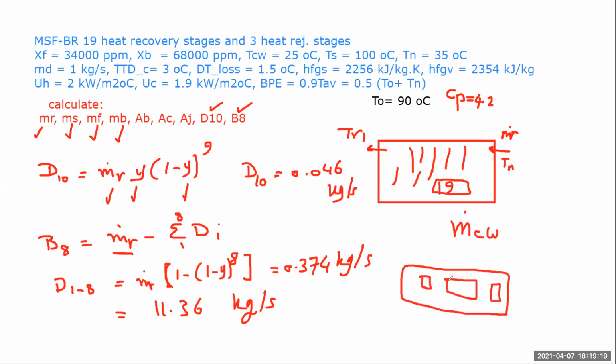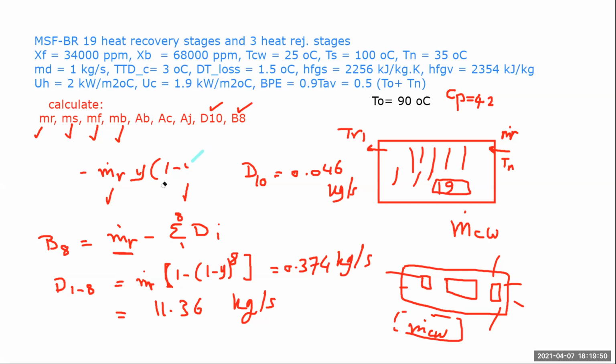This is what I started with talking about today, that this is the brine heater, this is the heat recovery section, this is the heat rejection section. Look at what's in and what's out of this unit, and then you can come up with a balance equation that has the m dot cooling water as a part of it. And this is where you can calculate the m dot cooling water. I did not ask for it for this example, but you might see that in one problem or one example or so.